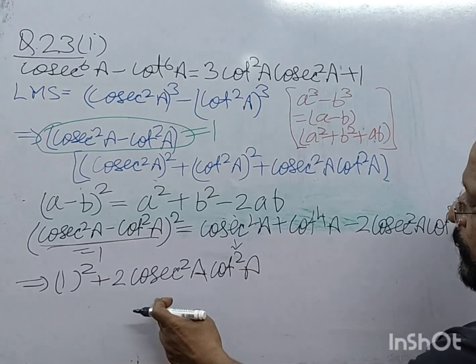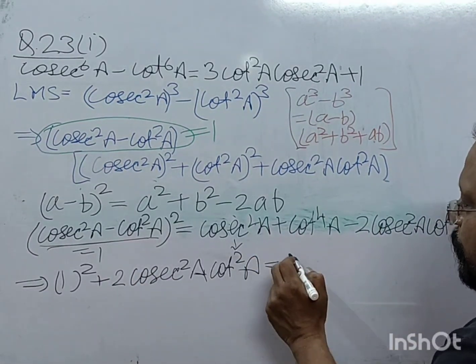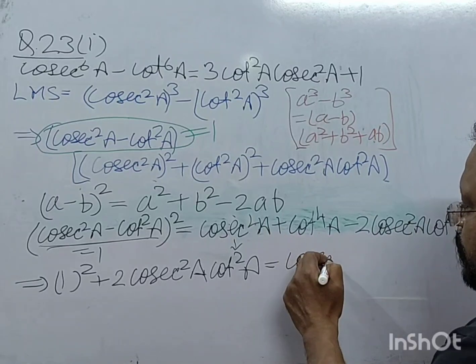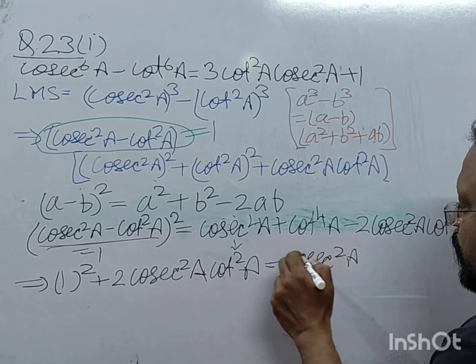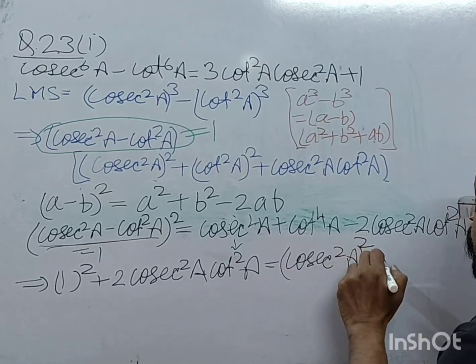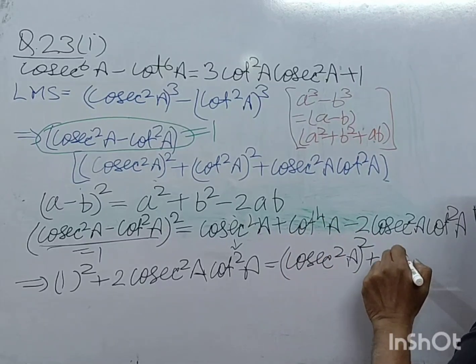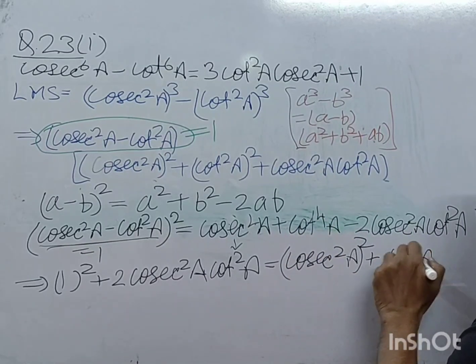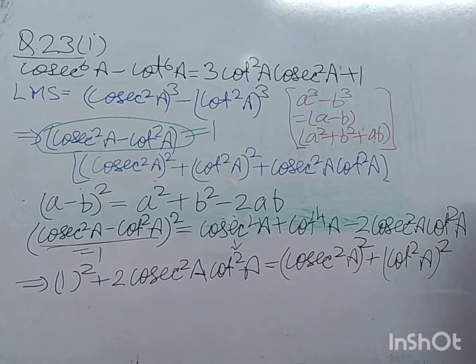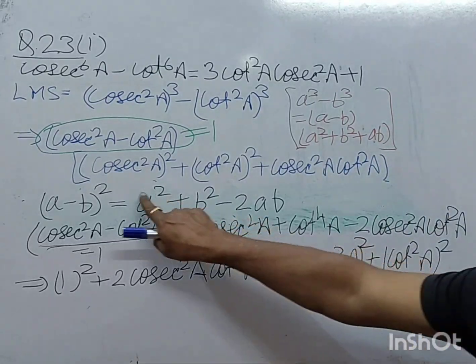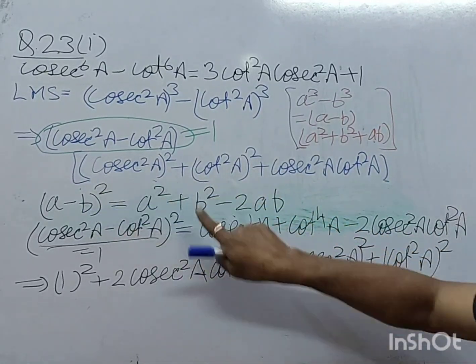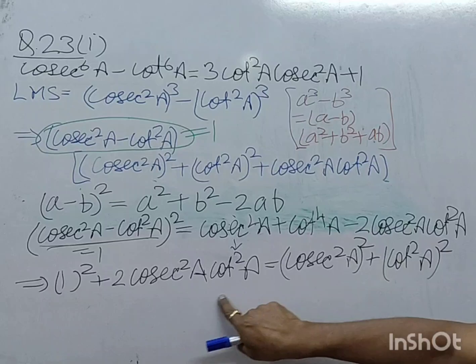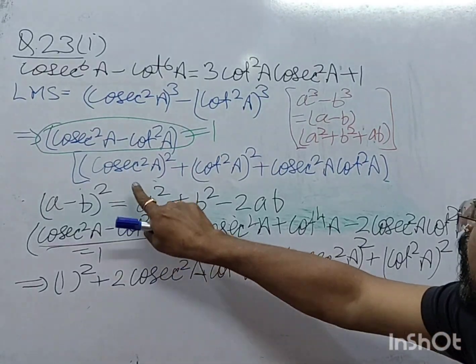We shifted this here, is equal to, you can write it cosec square a raised to the power 4 plus cot square a raised to the power 2. So what is the meaning of this?